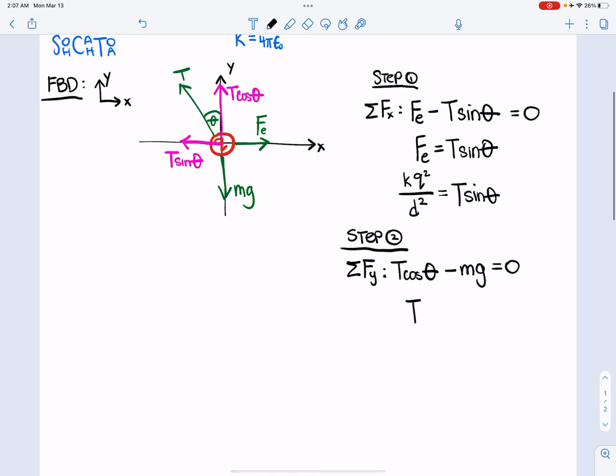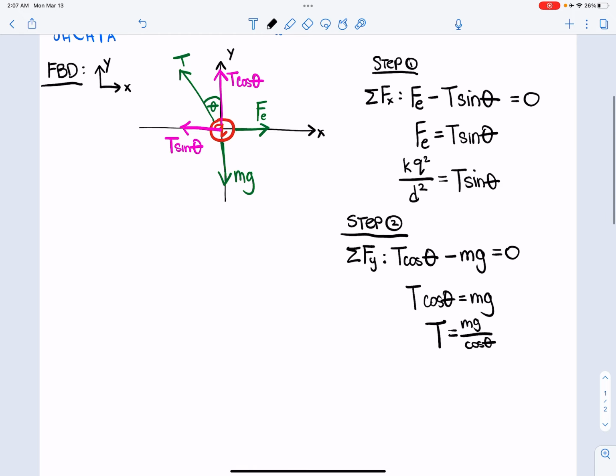So then my tension cosine theta equals mass times gravity, and tension will equal mass times gravity divided by cosine of theta.